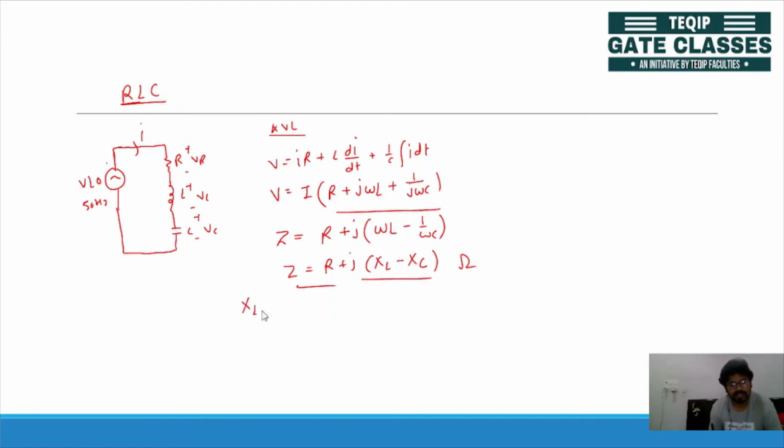If XL is greater than XC, then your circuit will have inductive effect and your current will lag V by angle phi. And if your XC is greater than XL, then your I will lead your voltage by angle phi. And what will be the power factor here? Cos phi. We have written this formula for power factor.